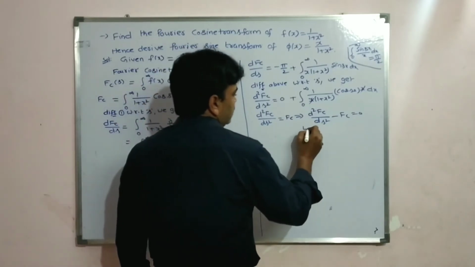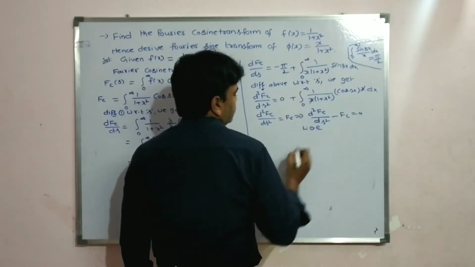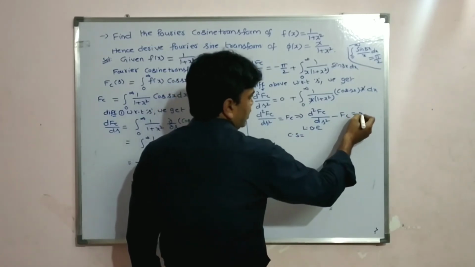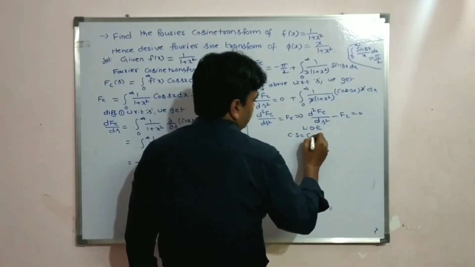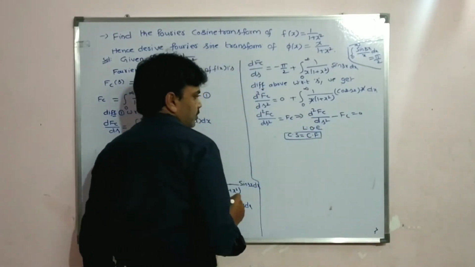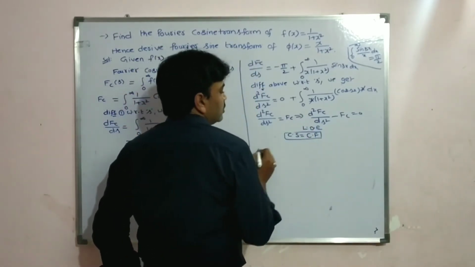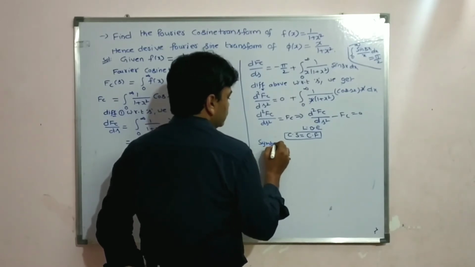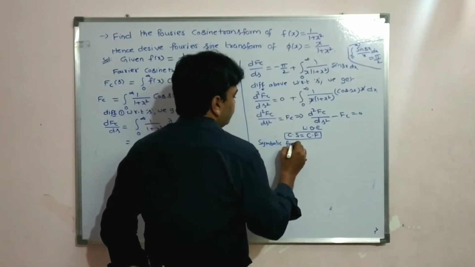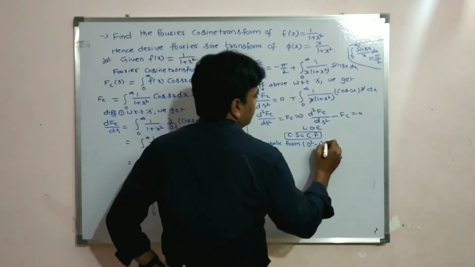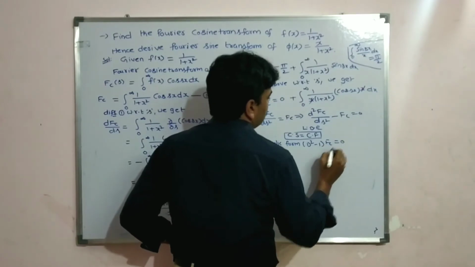Now this is a linear differential equation, students. What is the complete solution here? The right hand side has no function, so the complete solution is the complementary function. In symbolic form, D square minus 1 into fc is equal to 0.